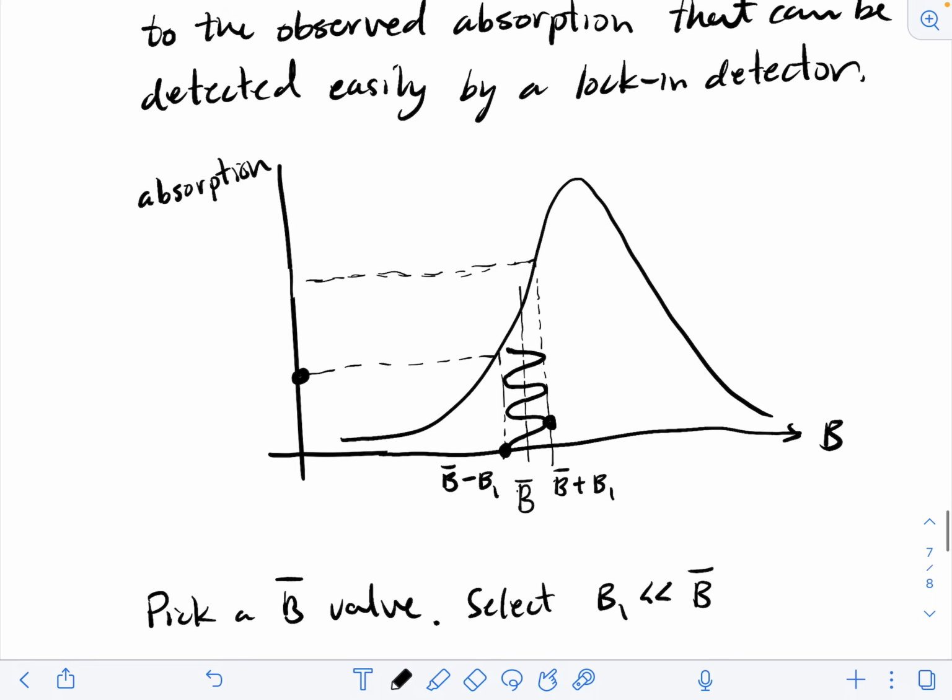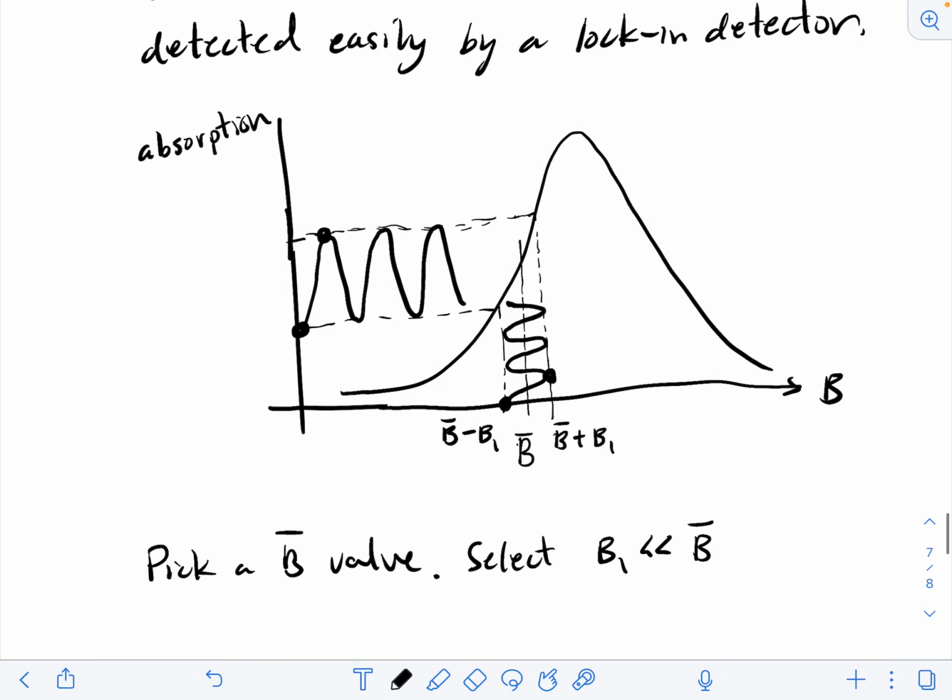And so we would get this kind of oscillation in the absorption. And you can see actually in this case, the input and output oscillations are in phase.